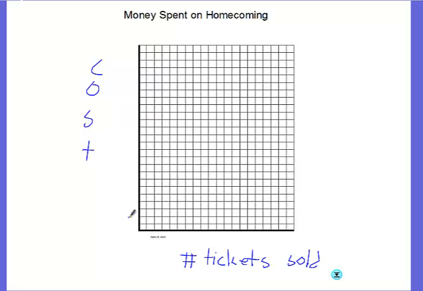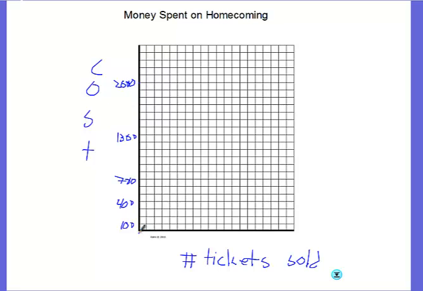Let's say that each of these is $100. So that's 100, 200, 300, 400, 500, 600, 700, 800, 900, 1,000, 1,100, 1,200, 1,300, and I'm just going to go 14, 15, 16, 17, 18, 19, $2,000. So if we're up at this point right here, we know that the cost is 2,000.